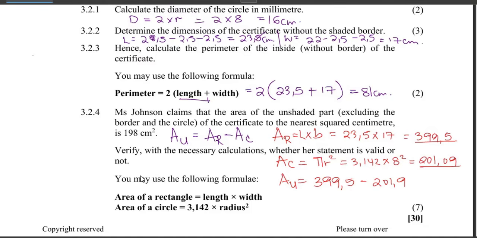The answer becomes 197,6, rounded off to the nearest, 198 centimeters squared. Remember, they're telling us to verify with the necessary calculations whether her statement is valid or not. So we shall be glad to say the statement is valid.